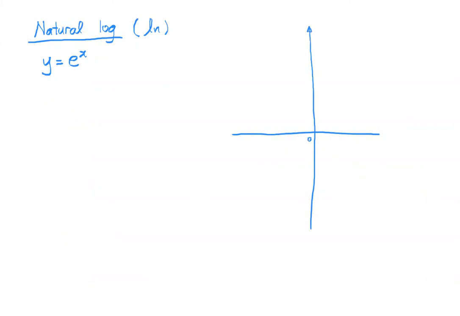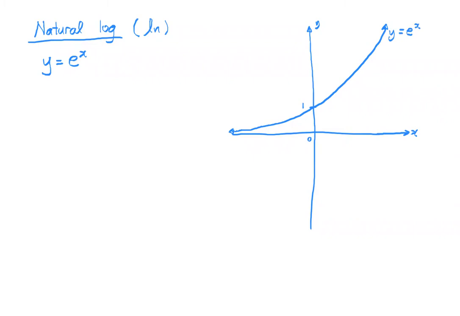You have the y-intercept as 1, and there is no x-intercept for this case. So the graph goes like that. Correct? So this is y equal to e to the power of x.